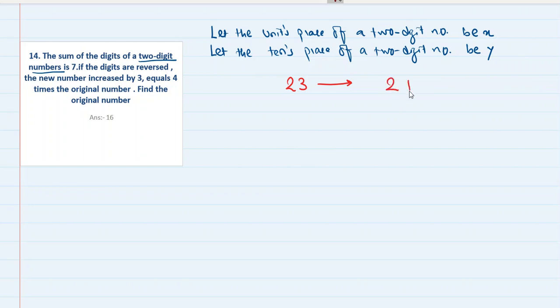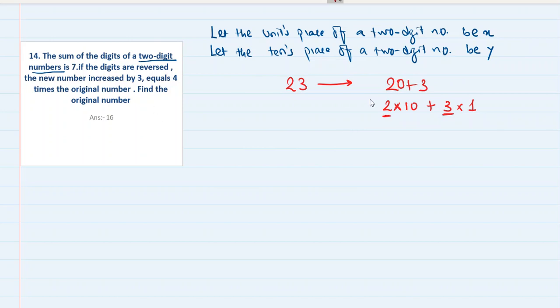Do you write it as 2 plus 3? No, you write it as 20 plus 3. This means that 2 is in tens place, that's why 10 is multiplied with 2, and 3 is in units place, that's why 1 is multiplied with 3. So 23 means 2 into 10 plus 3 into 1. This is units place, this is tens place.